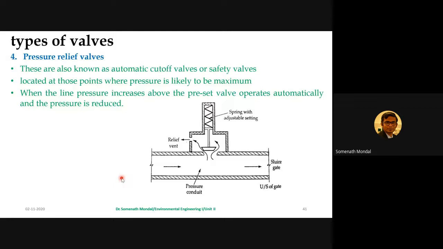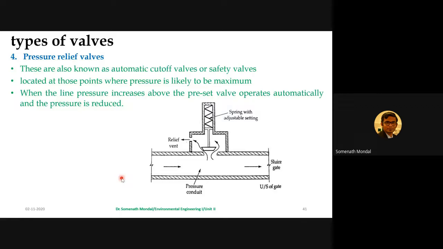There are some locations in the pipelines where the pressure can be maximum during the flow period, and if it goes beyond the maximum allowable pressure within that pipe, there is a requirement to cut down that pressure to the permissible limit. The same can be done with the help of pressure relief valves.